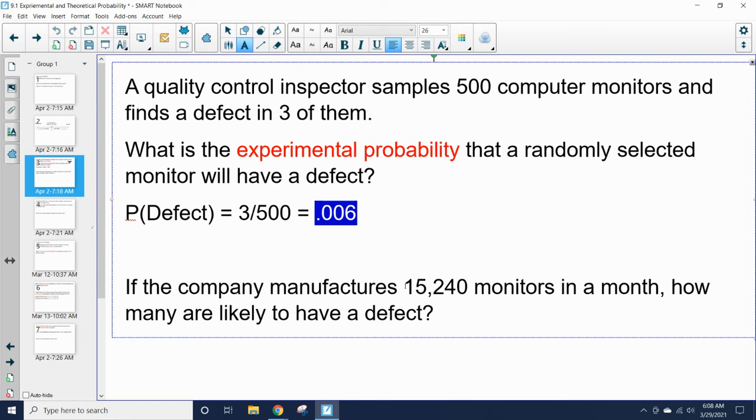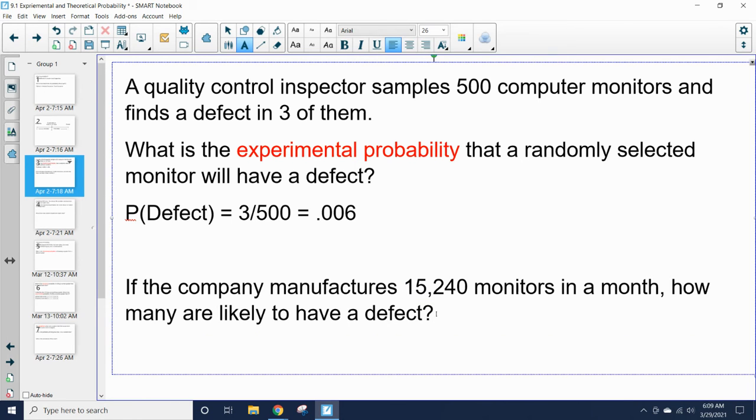So 0.6% of those 15,240 computers can have a defect. We're going to take our probability, 0.006, and multiply it by 15,240, our total number of computers being manufactured in a month, and that will tell us how many defects we have.